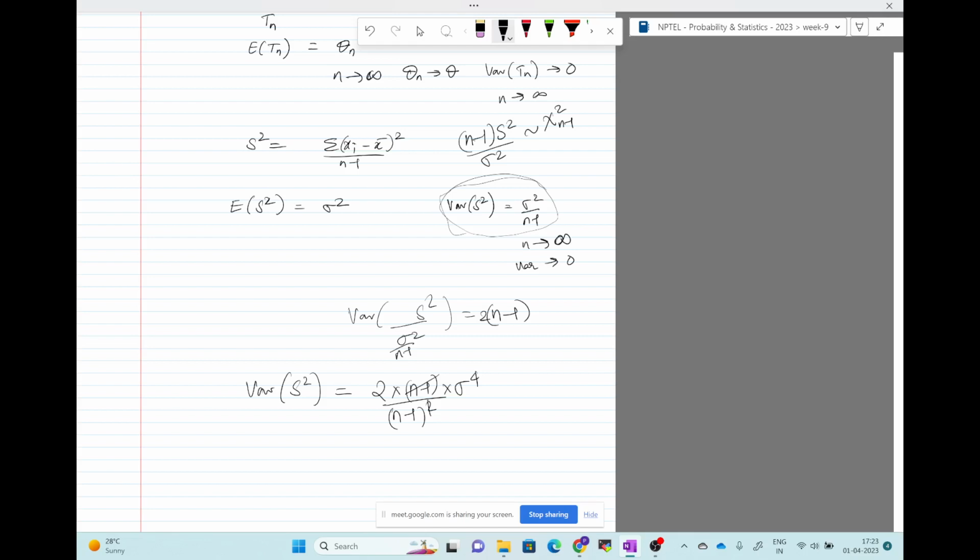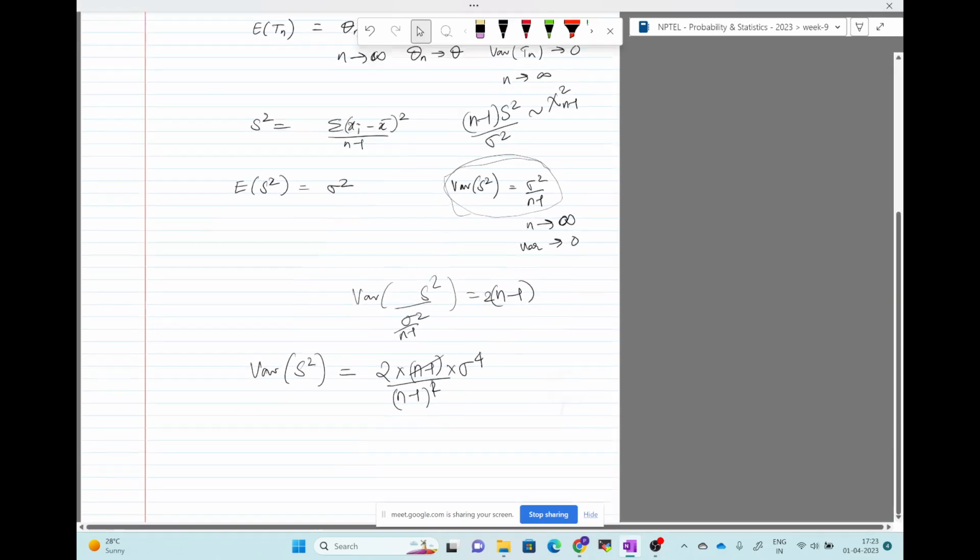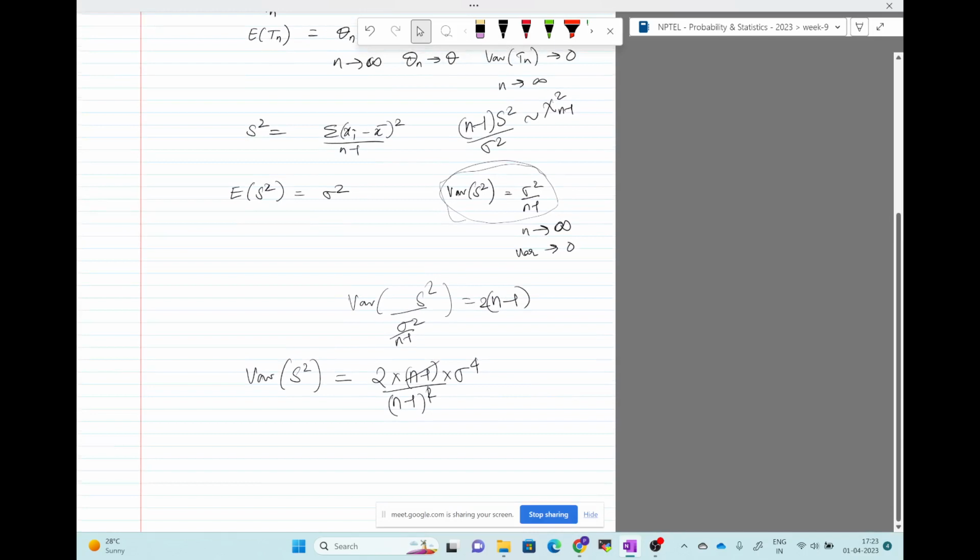And since we have the constant sigma square by n minus 1, we have to square it when it comes to the right hand side, right? Oh, okay, it is sigma square only, no? Right, yeah. Okay, you did it like that.